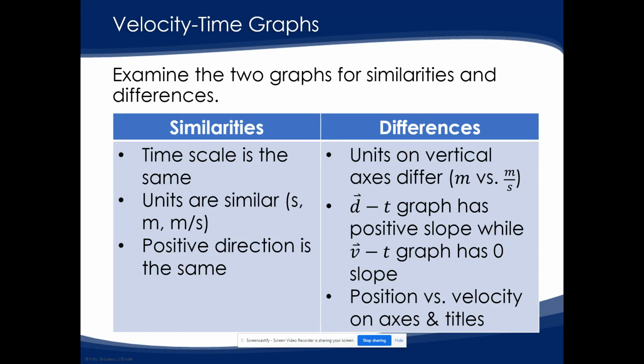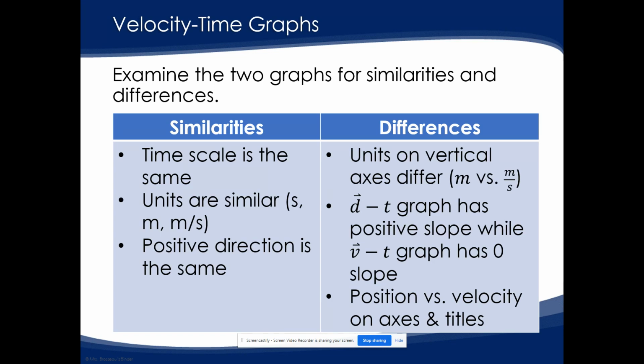Our similarities: the time scale is the same, so our x-axis is still the same length. Your units are very similar, so we have seconds, meters, and then meters per second. And positive direction is still the same. We typically use north and east as our positive directions on a compass, and the positive areas on our graph are the same idea.